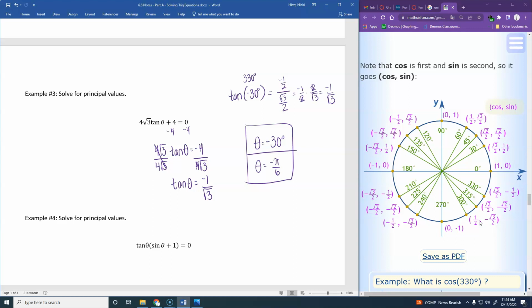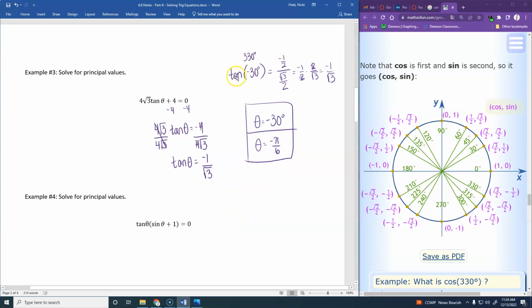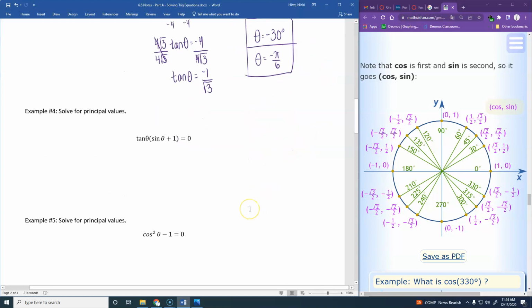You could just check one, and if it's not negative 30, then it's got to be negative 60. Or you can memorize tangent, but I have not made you guys memorize tangent. I just need you to be able to figure it out, because you can figure it out pretty quickly by just doing sine over cosine. There. All right.